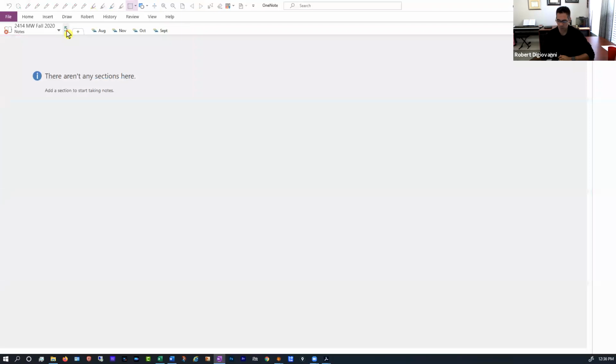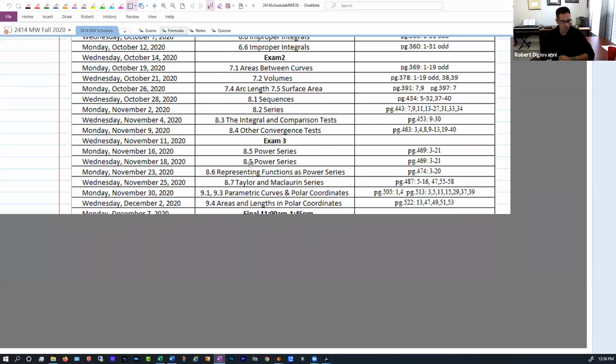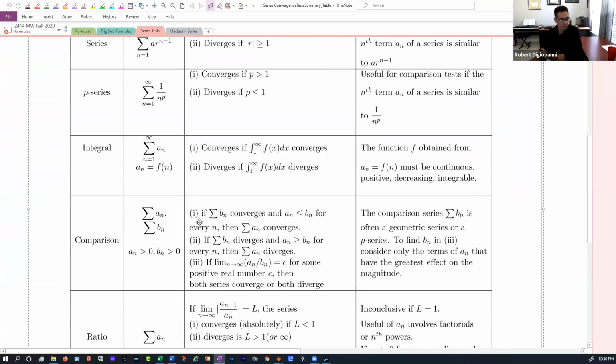So let me now look at the formula sheet. And we have here the integral test. Say you're given a series, okay? We're going to look at the sequence as a function. Now, if we take the integral from 1 to infinity of that function, this series will converge as long as the integral converges, and the series will diverge if the integral diverges.